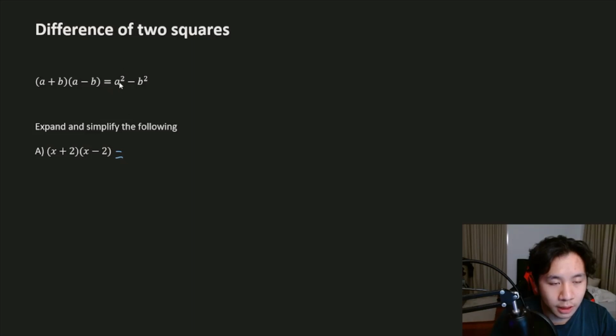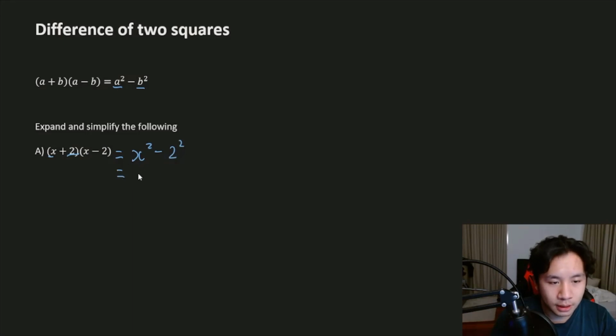So if you look here, a represents the first term, which in this case is x. It just tells you to square it, so x squared. Then you want to put a minus, and then you want to square the second term, which in this case is 2. So here I'm going to write 2 squared.